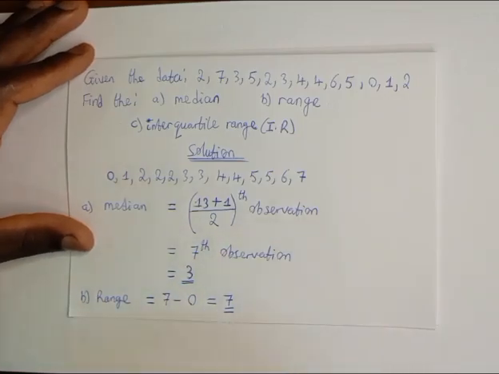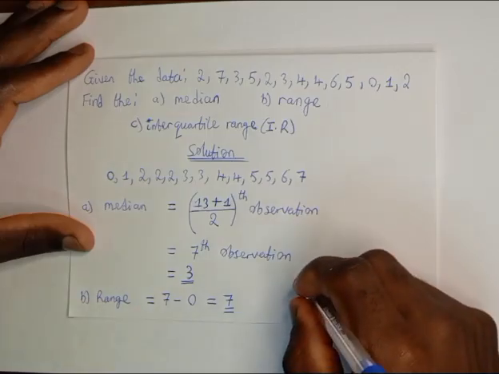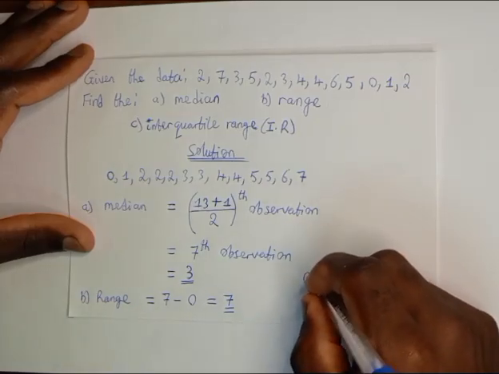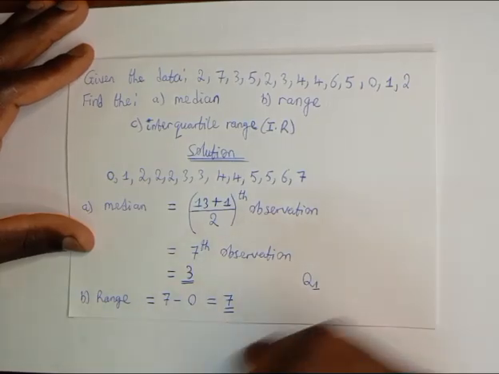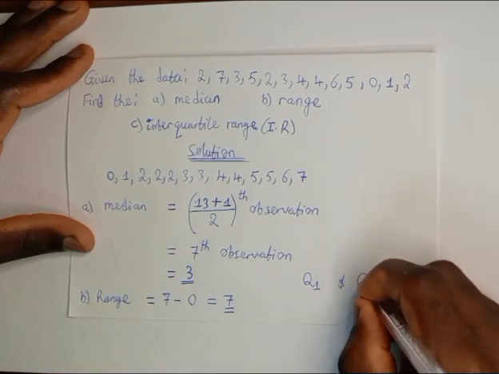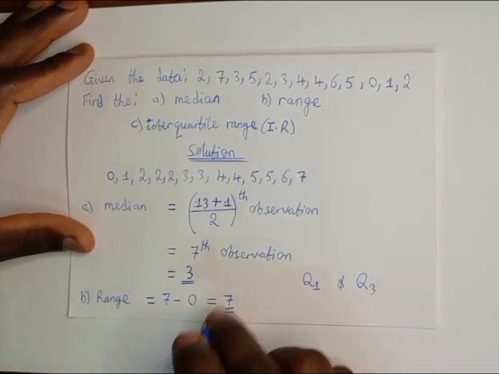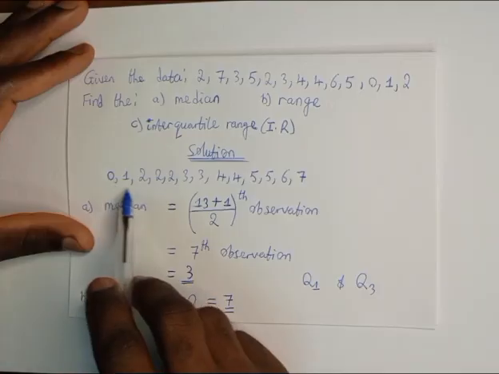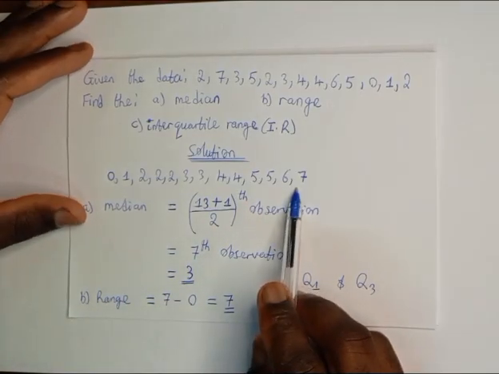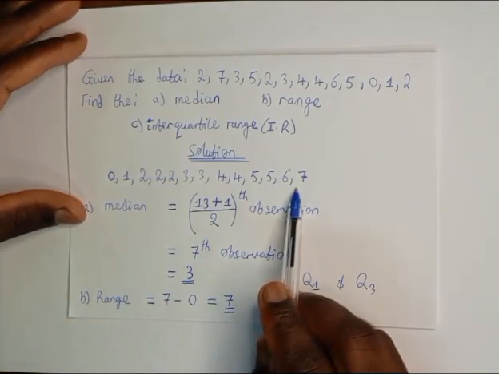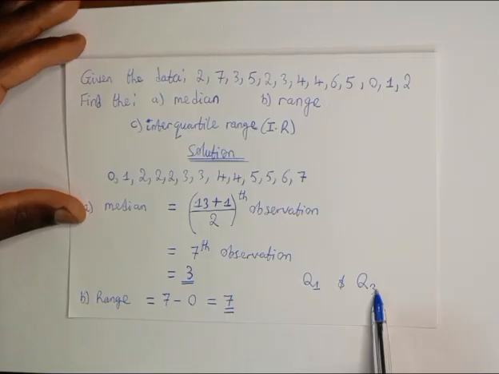For us to find the interquartile range, we need to start by finding the lower quartile, which is Q1, and we need to find the upper quartile, which is Q3. We are going to copy this arranged data in ascending order. Then we find Q1 and Q3.